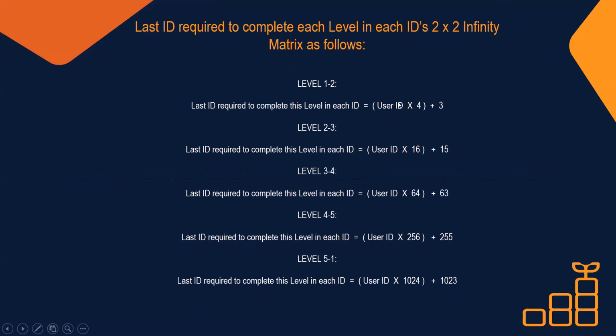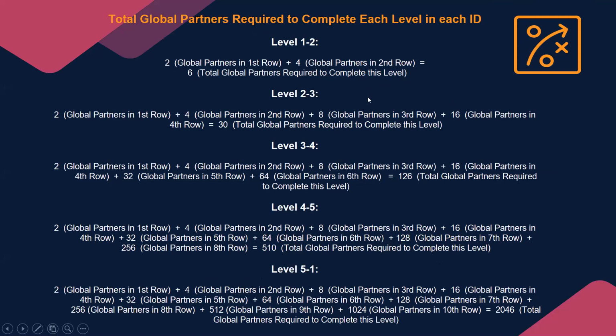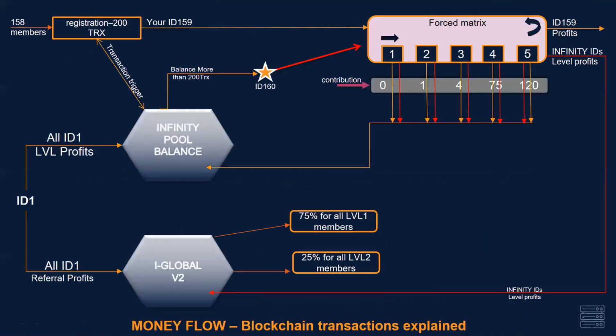Let's say ID 10, to level up from 1 to 2, he needs 10 by 4 is 40 plus 3, 43. Means when ID 43 registers, this guy 43 will guarantee ID 10 to go from level 1 to 2. Simple as that.